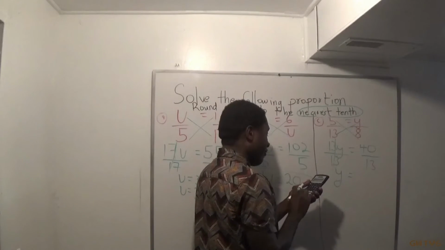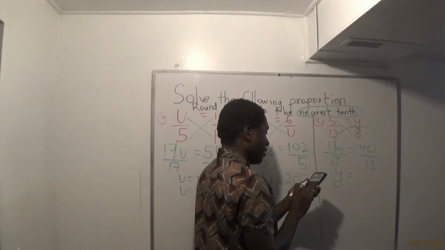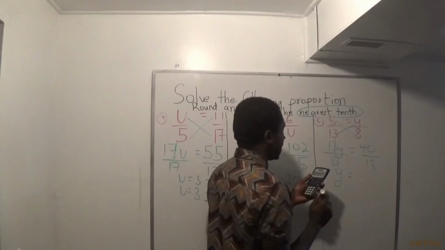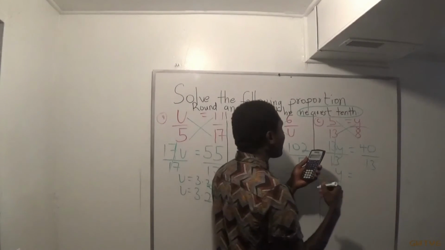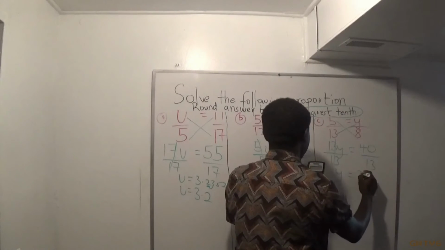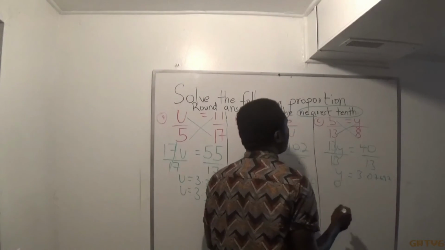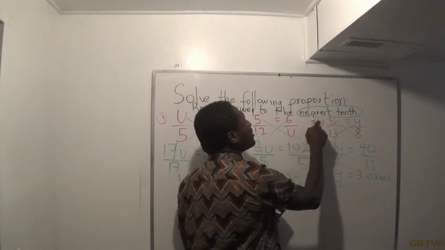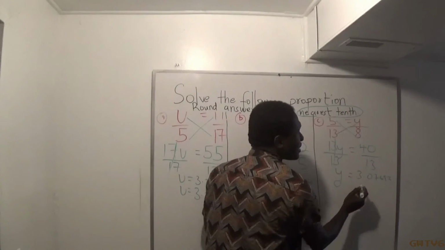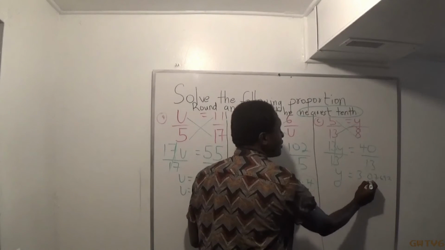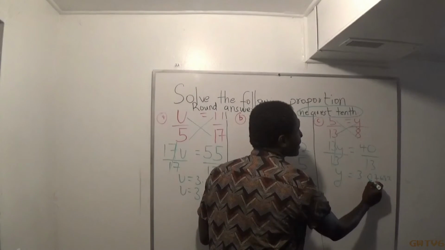And now 40 divided by 13 gives me 3.07692, but my answer should be to the nearest tenth. The tenth place is the first number after the decimal, so it's 0, but I'm still going to check the next number.